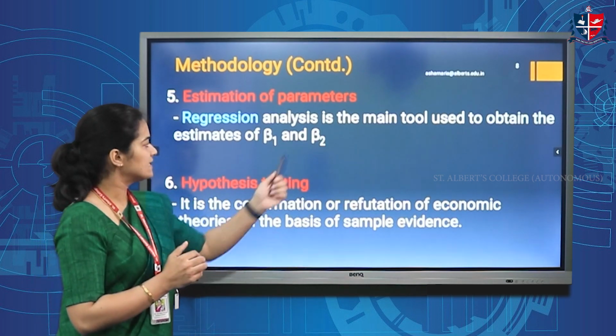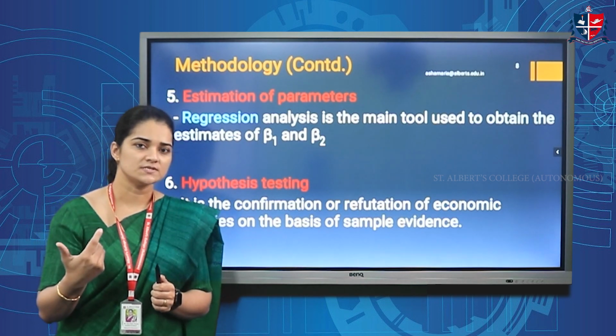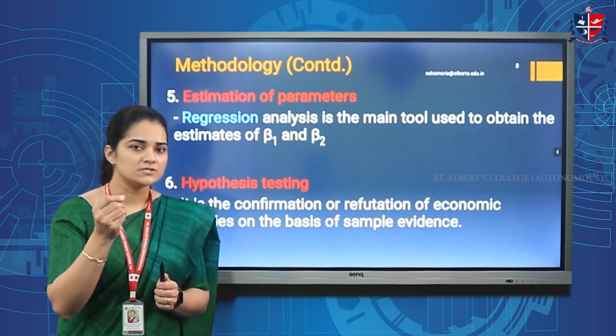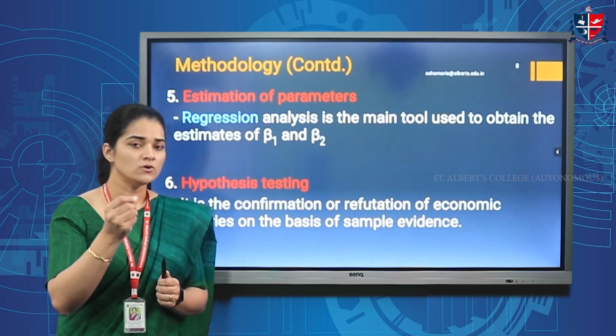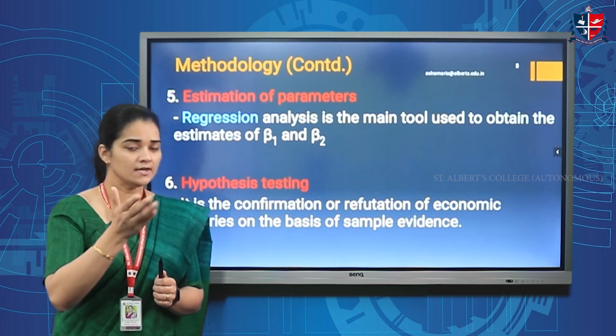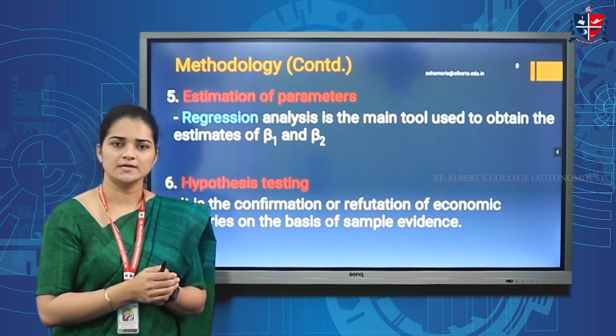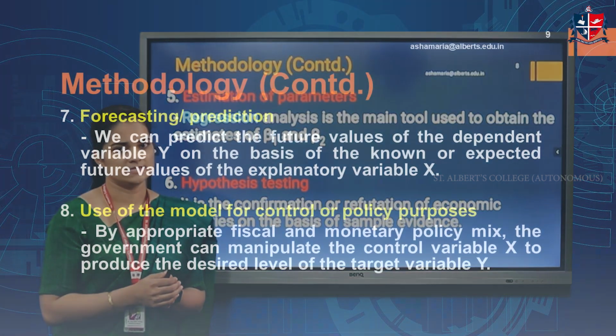Suppose we have got the estimate of beta 2 as 0.63. What was our hypothesis? That the marginal propensity to consume is greater than 0 but less than 1. So 0.63 is less than 1, greater than 0. So this is in confirmation with economic theory, and this result could be accepted.